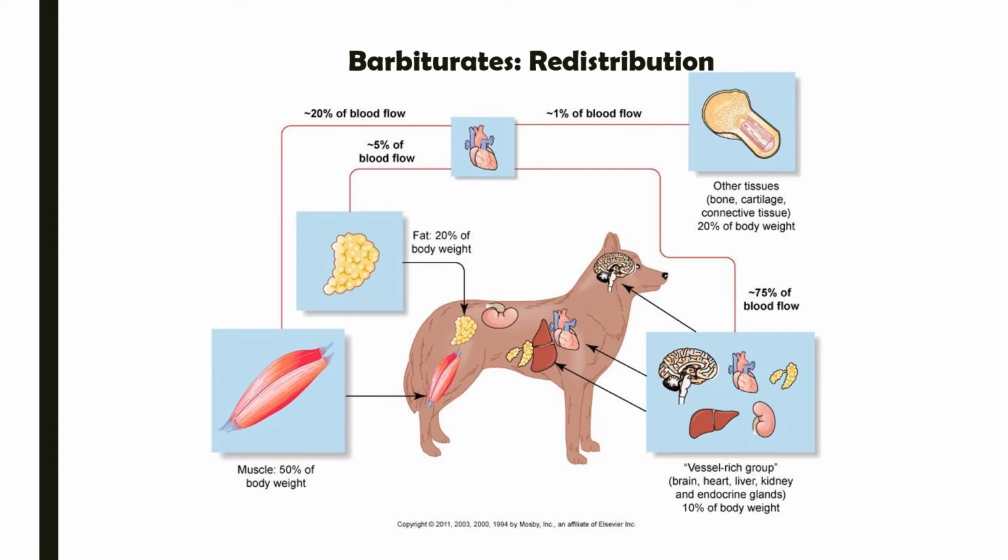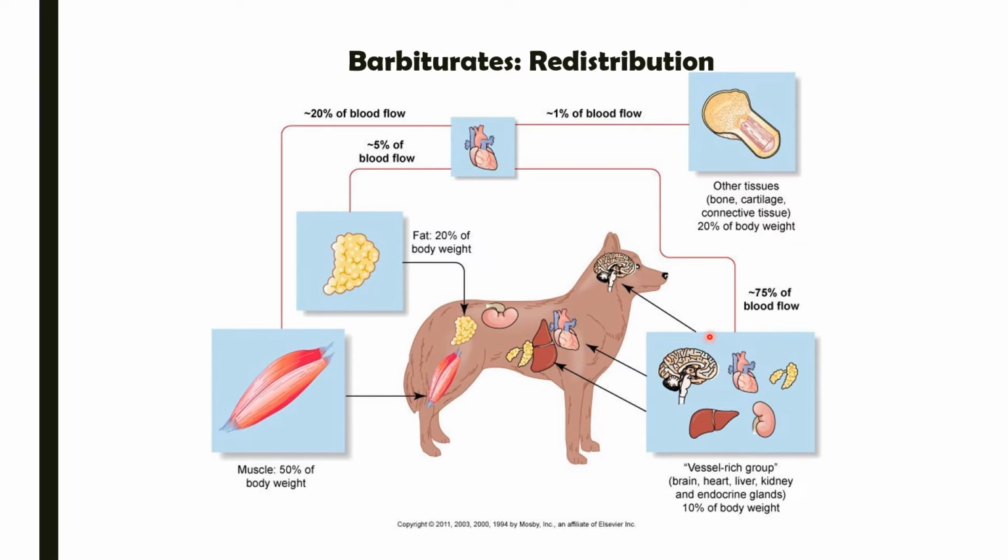This is the diagram showing the tissue redistribution that the barbiturates undergo after it reaches the brain. These are the organs considered to be the vessel-rich group: the brain, heart, liver, kidney, and the endocrine glands. They are well-perfused tissues in the body.